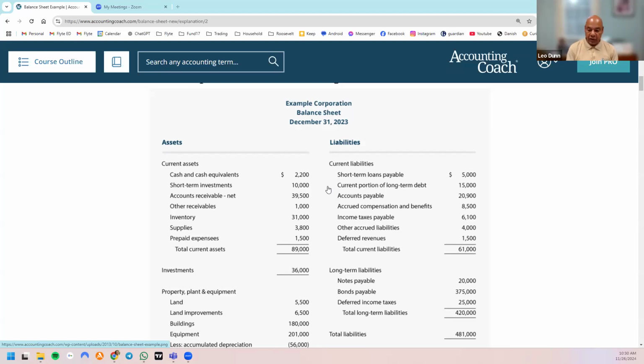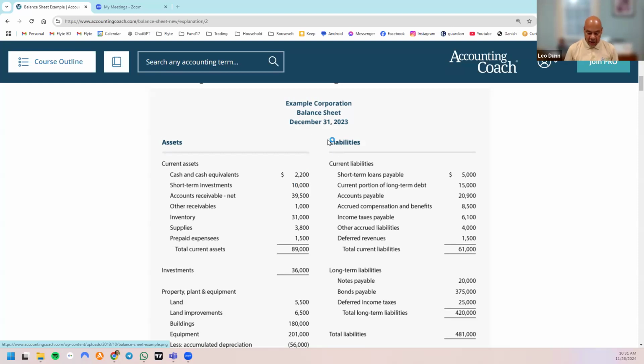From December 31st, 23 to December 31st, 24, the amounts you see in short-term liabilities are expected to be paid within that time frame. Then long-term liabilities are amounts owed that are expected to be paid beyond the 12-month period.